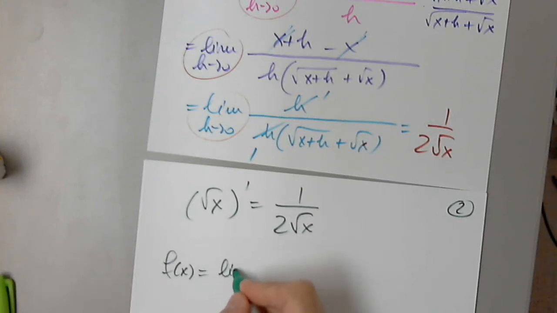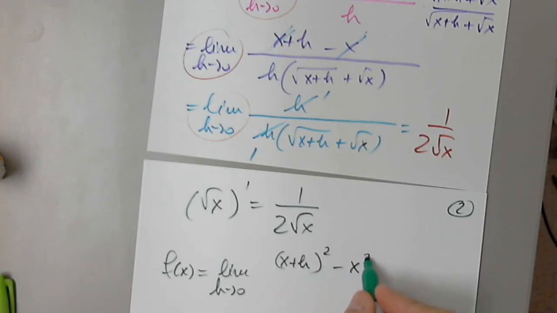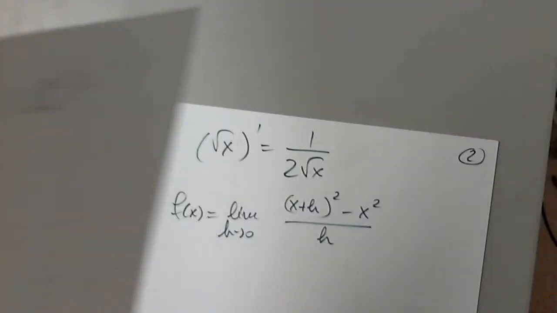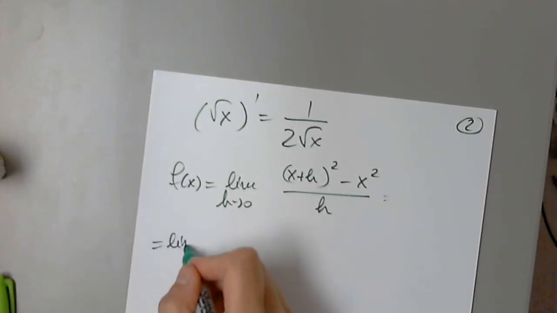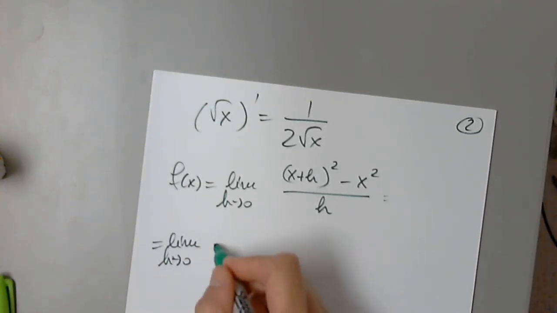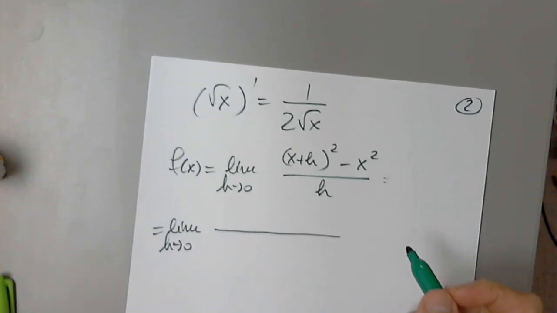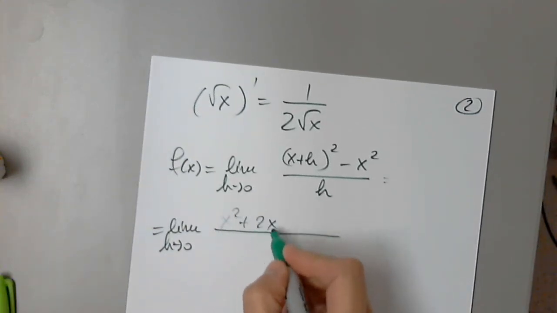So f prime of x equals the limit as h approaches 0 of x plus h squared minus x squared, divided by h. Of course, again, it's 0 over 0. I'm hoping that all terms without h will go away from the top, and that the h in the denominator somehow disappears towards the end. So can anyone give us the next step? Expand it. X squared plus 2hx plus h squared.